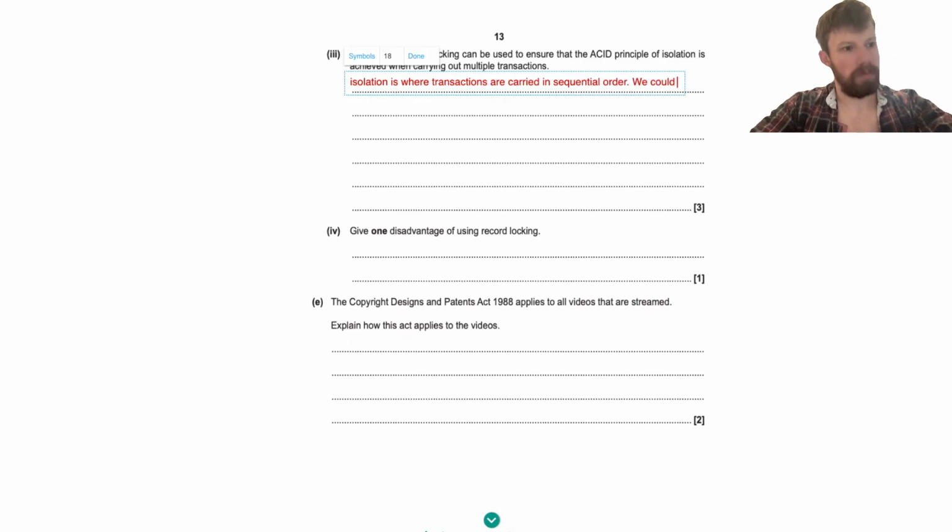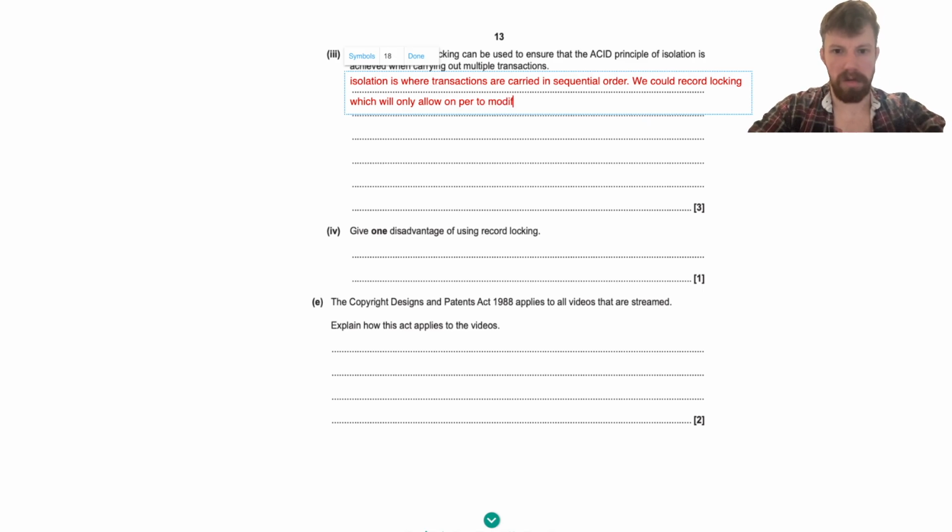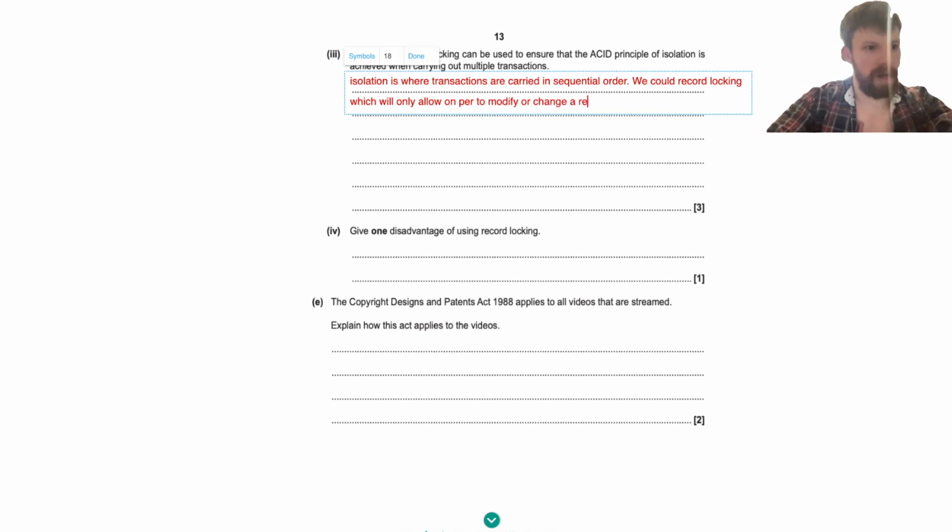We can use record locking, which will only allow one person to modify or change a record whilst a transaction is going on.